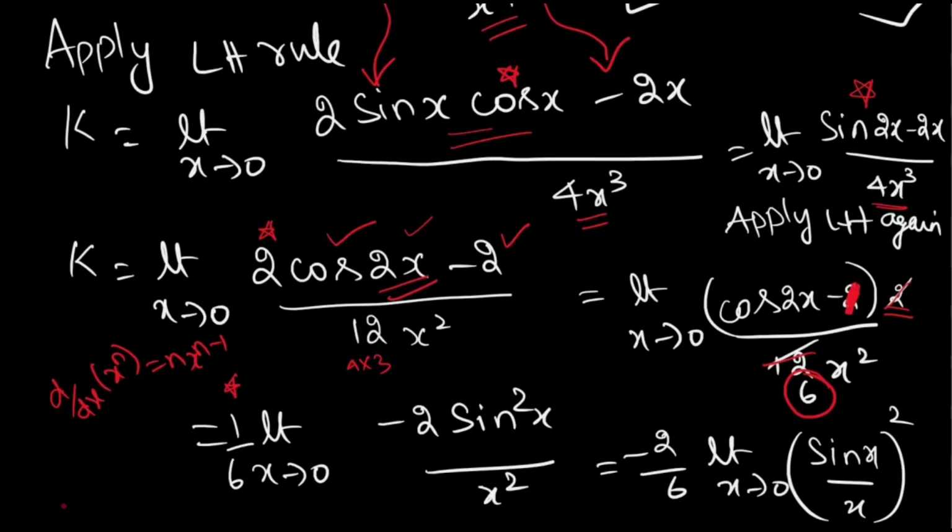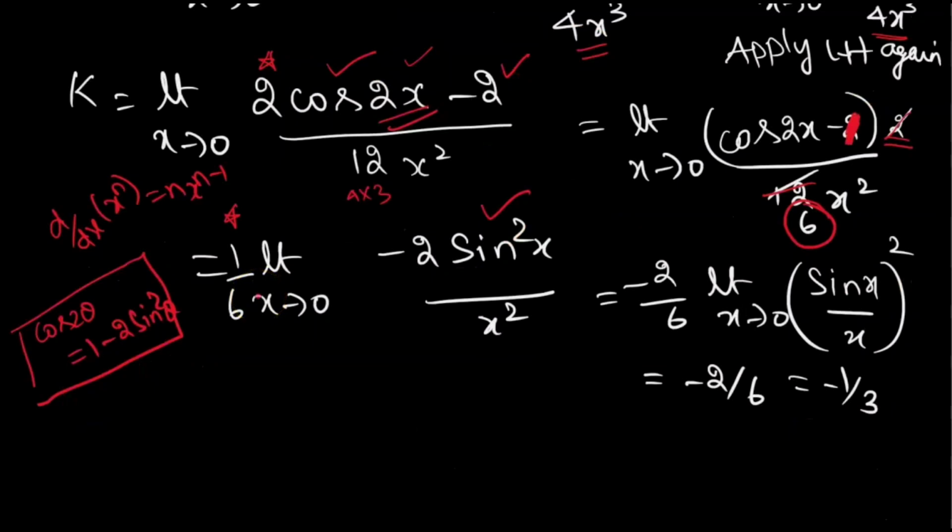Okay. So cos 2 theta minus 1 is nothing but minus 2 sine square x, because we use the formula. Let me write here. Yeah, here is the formula. Cos 2 theta is equal to 1 minus 2 sine square theta. So 1 goes to the other side, minus 1. That is what we have, cos 2x minus 1.